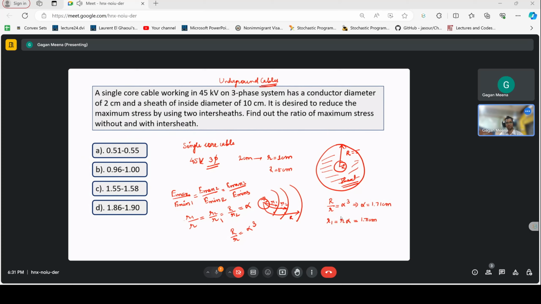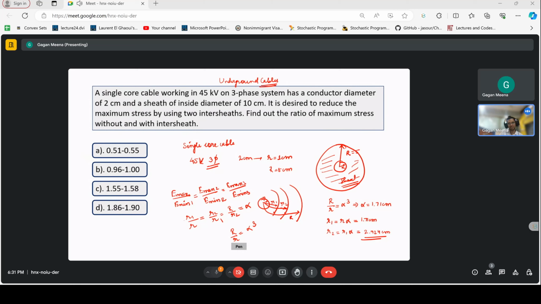Okay, now here what we have to find out? We have to find out the ratio of maximum stress without and with intersheath. So if there is no intersheath, maximum stress will be V divided by r ln R by r. If this is at V, then this is at 0, so V minus 0. Now here, this is V, this is at V1, this is V2, and this is at 0.